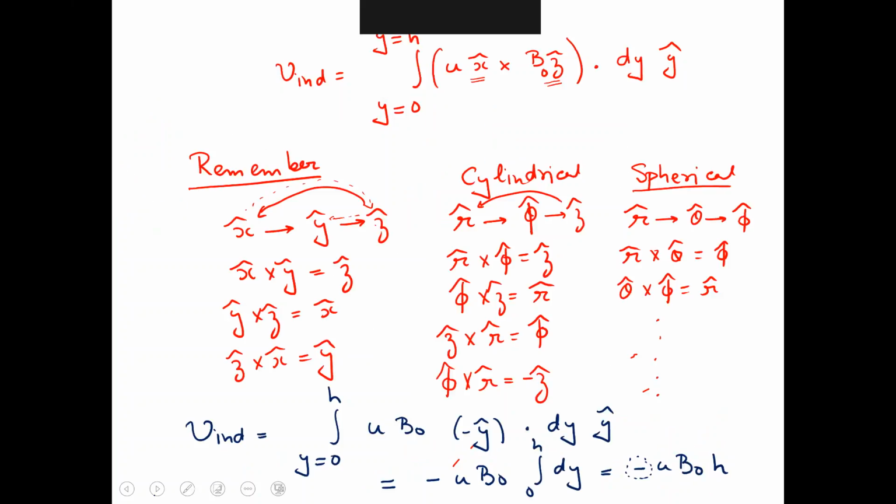When we do all our final calculations, when I get a negative, this basically means that V induced is opposite to what I started with in the problem. Please always keep that in mind.